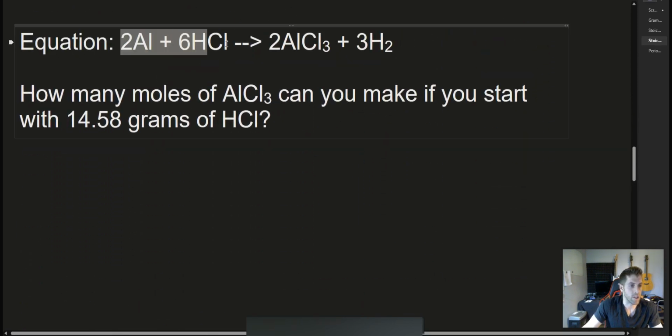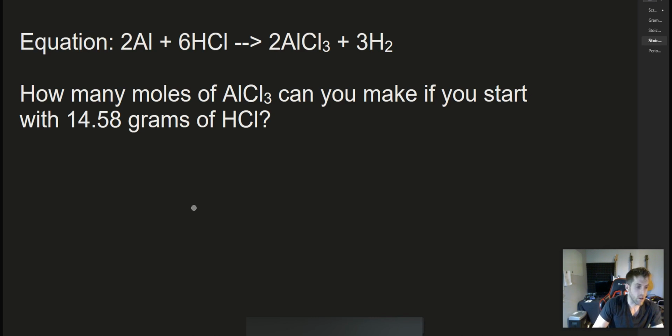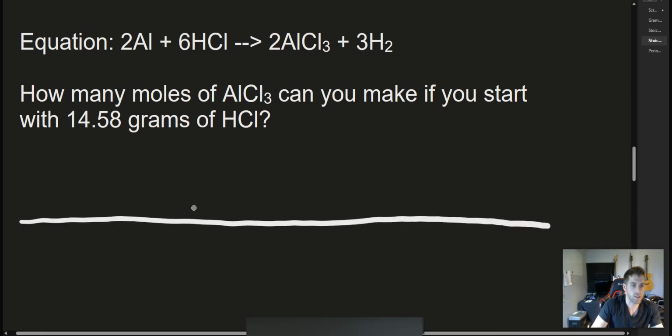Our balanced equation is up here. How many moles of aluminum chloride can you make if you start with 14.58 grams of hydrochloric acid, or HCl? We're going to do the same thing by starting off with a line, just to help us navigate how we're going to multiply and divide this.